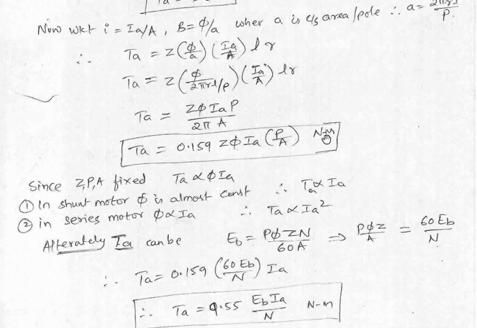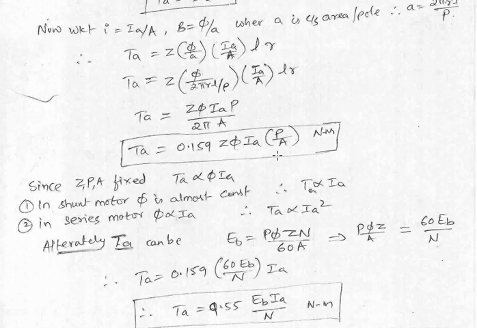So now you have the final equation. In this equation, TA represents the armature torque, Z represents the total number of conductors, phi is the flux per pole, IA is the armature current, capital P is number of poles, capital A is number of parallel paths.